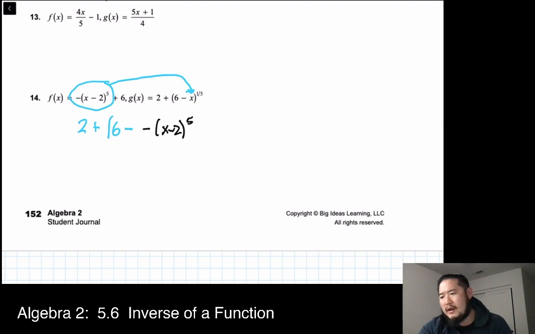We'll close that off. And then we have what's remaining, which is to the 1/5 power. Let's simplify things out right here. I've got 2 plus 6 plus x minus 2 to the 5th raised to the 1/5 power.